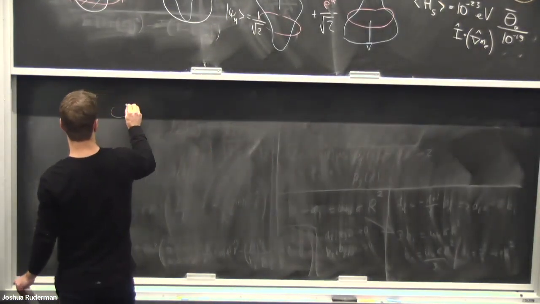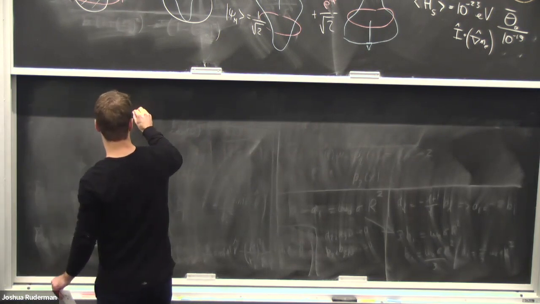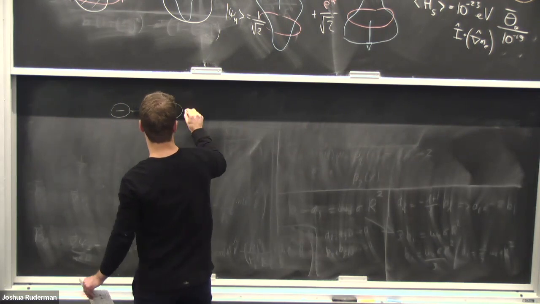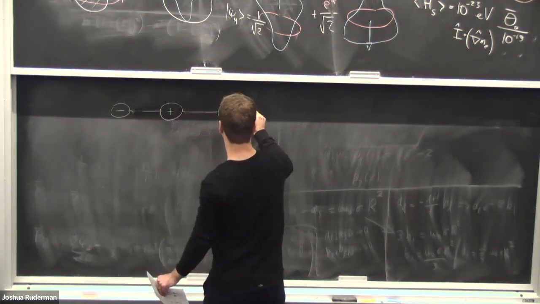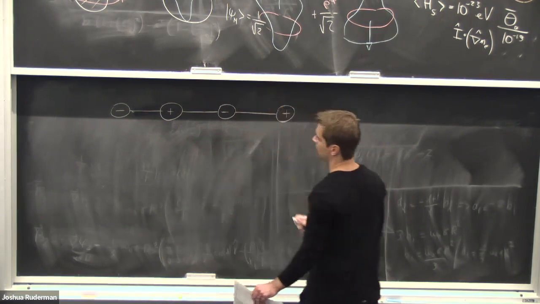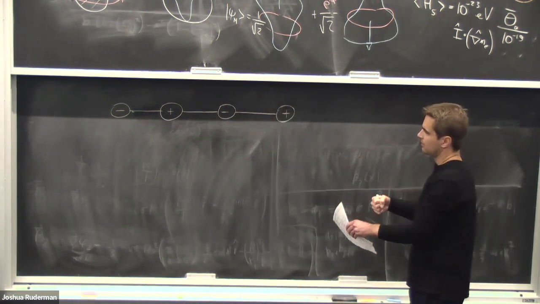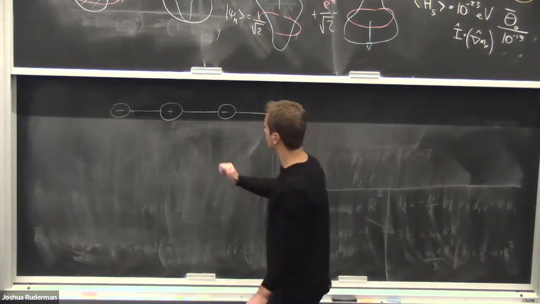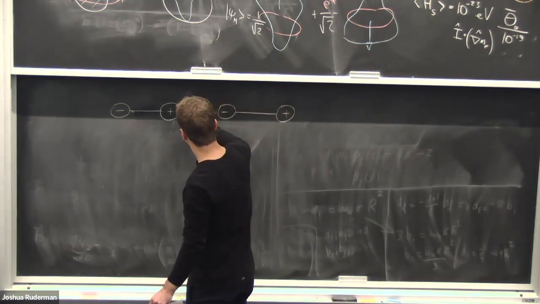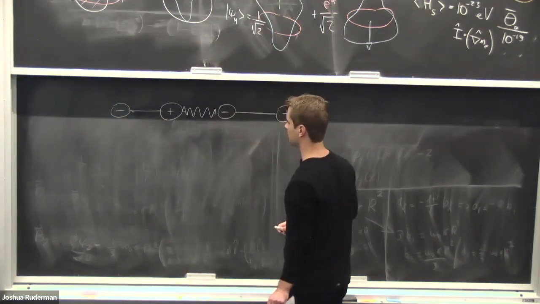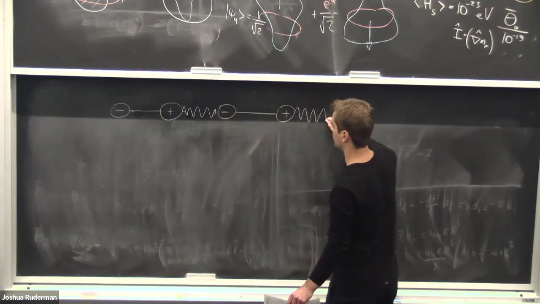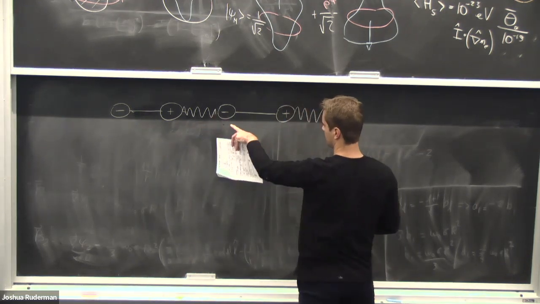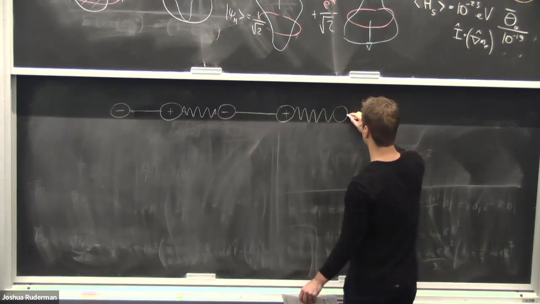So let's imagine I have some one-dimensional lattice here. If I compress this, then nothing much happens. I don't get an electric field. But if I now say, okay, these springs are stiffer, so the plus to minus springs are stiffer than the minus to plus springs.